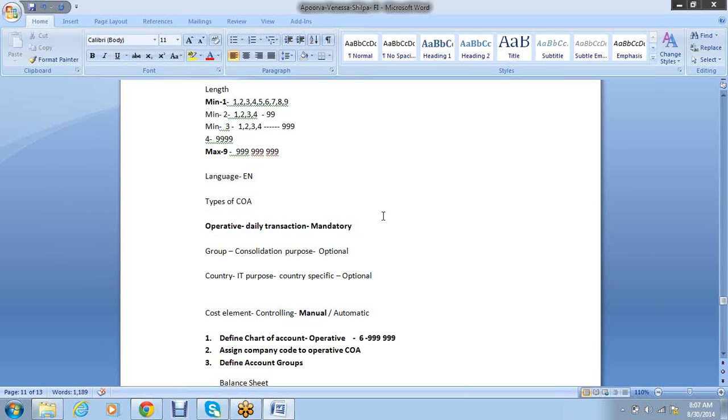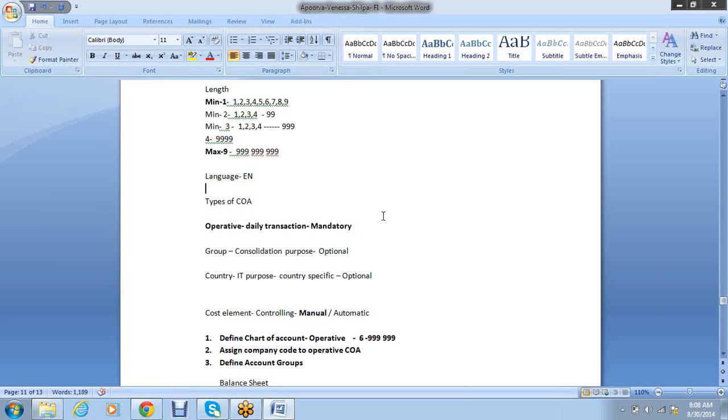The country-specific chart of accounts is purely for income tax purposes. It is purely country specific. For example, I have company codes in different locations: one is UK, one is Australia, one is India, and the Indian company is the corporate office.